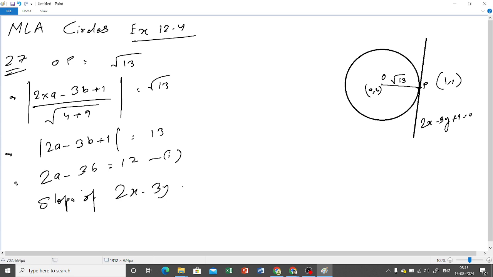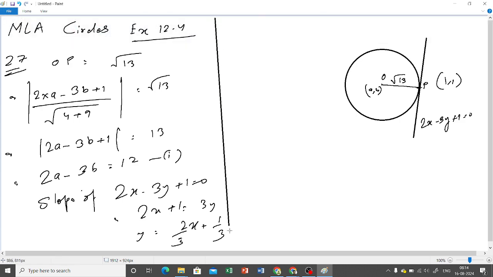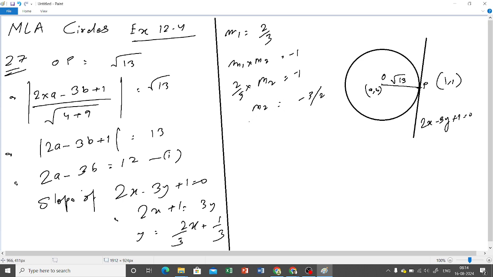2x minus 3y plus 1 equals to 0. Okay, what is the slope? m1 into m2 is minus 1, m1 is 2 by 3, so m2 is equals to minus 3 by 2.